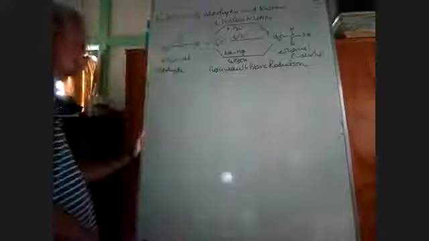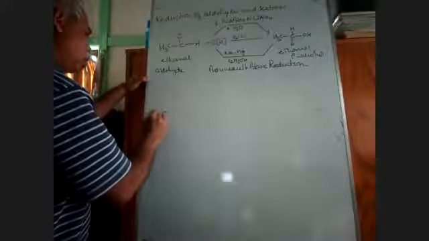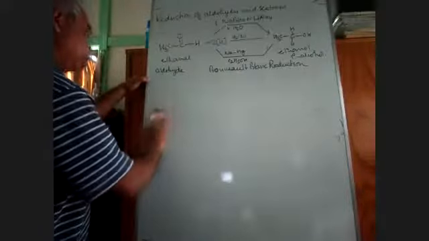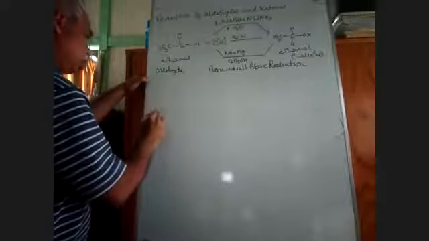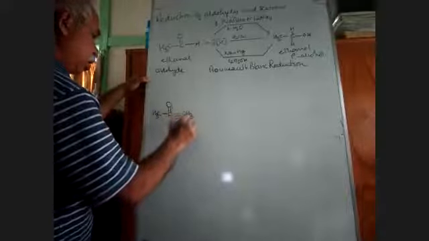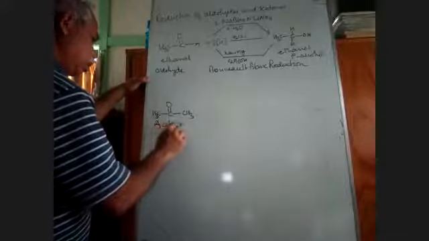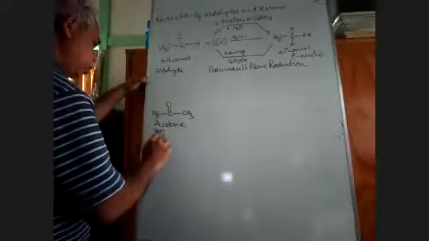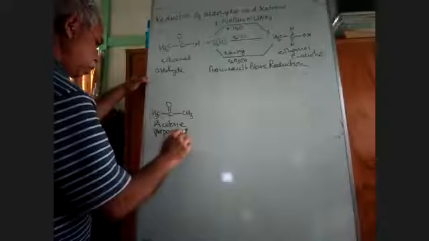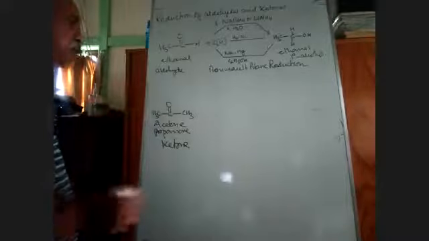Okay. Now similarly, if I do the reduction of a ketone, now I will not do it. You will write it by yourself. See, this is acetone or propanone. What is this? This is a ketone. So one hydrogen will be added here, one will be added here. So what are you going to get?